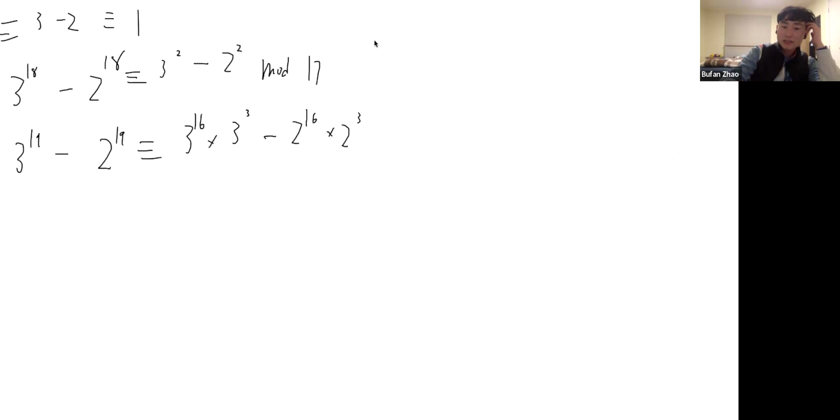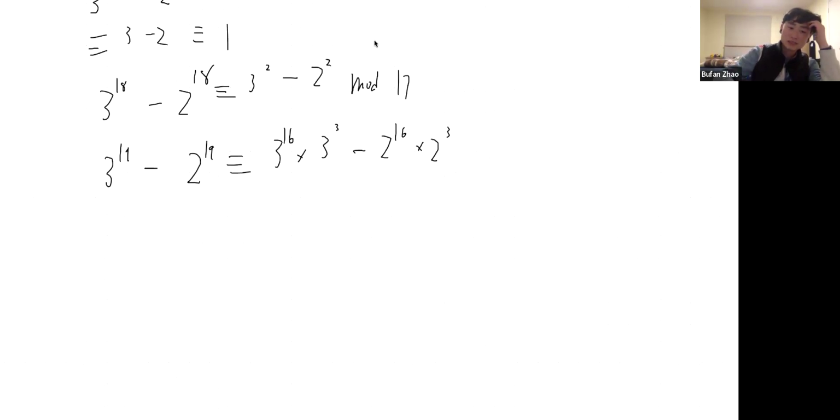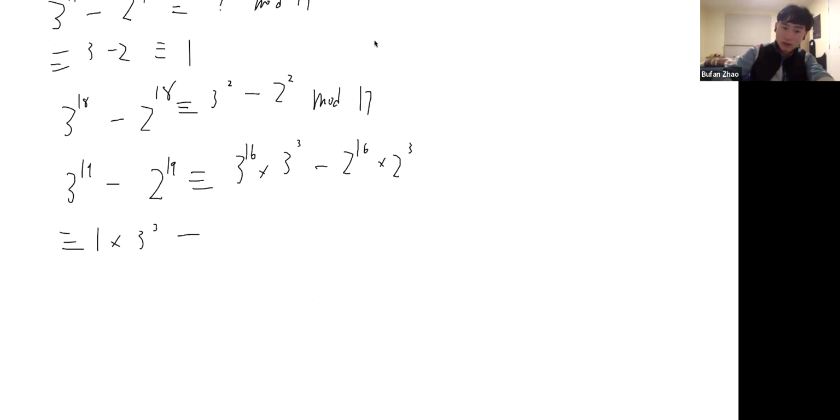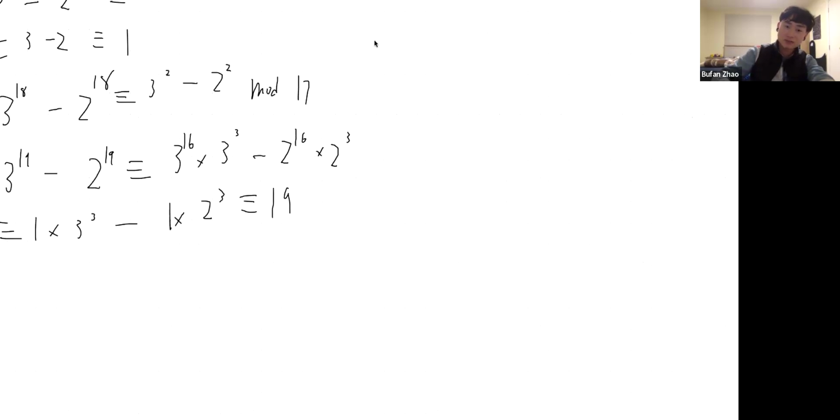And remember that 3 to the power of 16 is just equivalent to 1 under mod 17. So this is 1 times 3 to the power of 3 minus 1 times 2 to the power of 3, which is equal to 19, because 3 to the power of 3 is 27, 2 to the power of 3 is 8, right? 27 minus 8 is 19, which is equal to 2 mod 17.